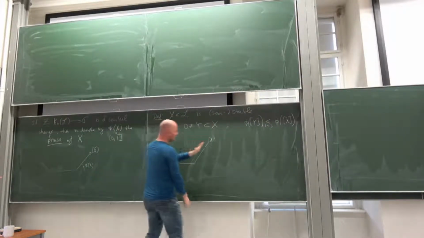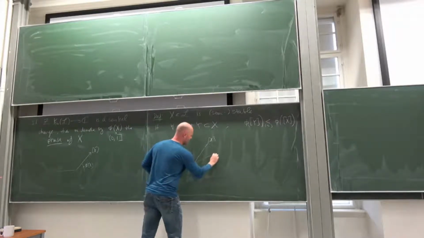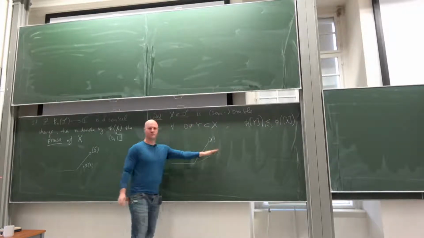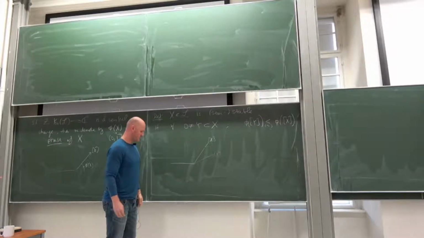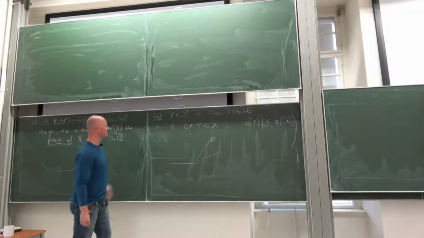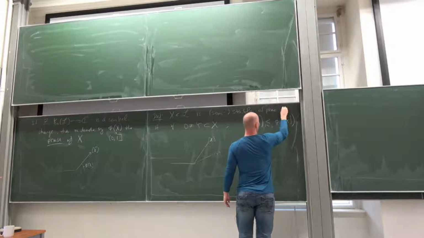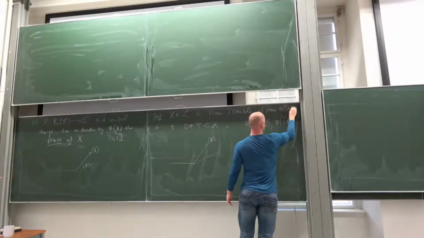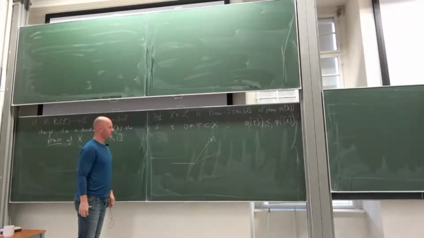So X is stable if for all the sub-objects, the value of the central charge on those sub-objects lives here. Otherwise, the object is not semi-stable. We say semi-stable of phase whatever its phase is. Okay.